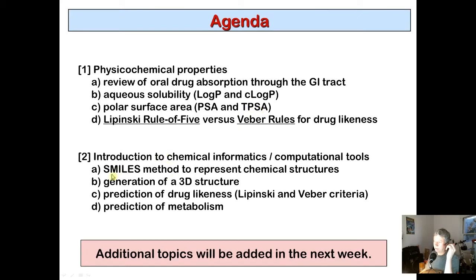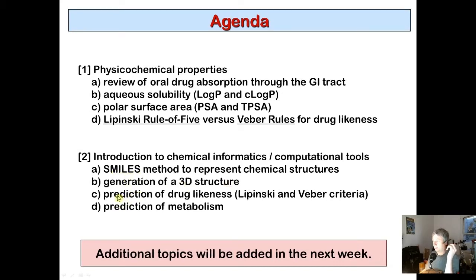We're also going to talk about something called SMILES. SMILES is a computer representation of chemical structure. That's very, very common. You may have never seen it before, so it's good for us to talk about. We'll show how we can generate three-dimensional chemical structures pretty easily using the SMILES string.